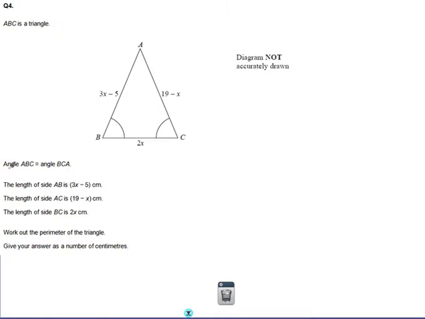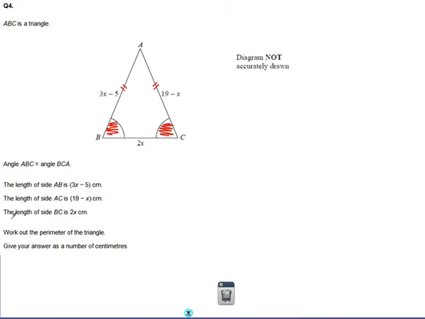ABC is a triangle. Angle ABC, this angle here, is equal to BCA, and this is here. So if these two angles are the same, what can we tell? It's an isosceles triangle, and in an isosceles triangle base angles are the same, so these two lines are the same.